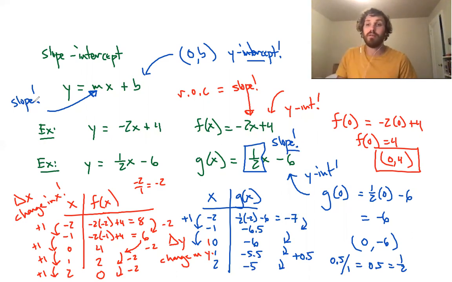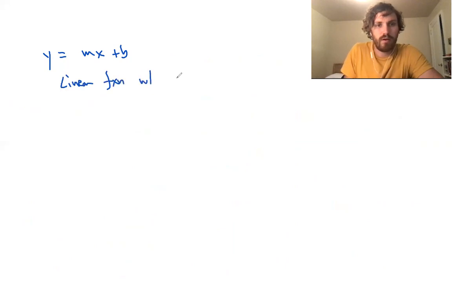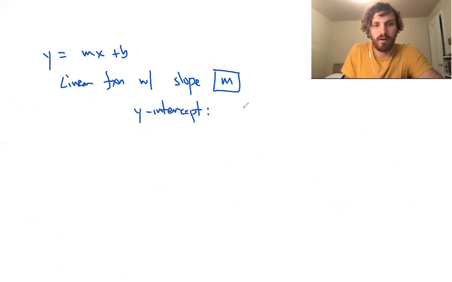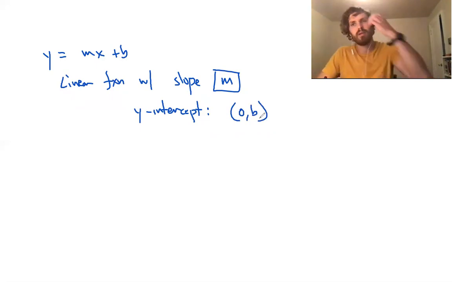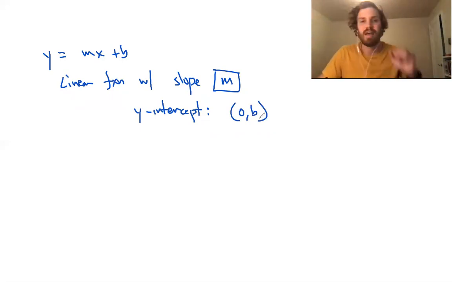Okay, so there's a lot on this screen right now, but what I want to communicate finally is that if you have y equals mx plus b, that is a linear function with slope of m and y-intercept of (0, b). I like to write it as (0, b) because that reminds me that it's an actual point.